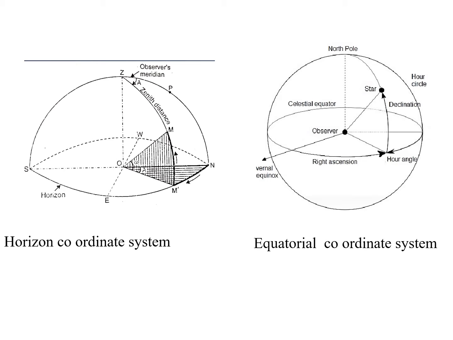Similarly, the equatorial coordinate system. Suppose we are somewhere here. This is the geographical north pole, and exactly above in the same plane is the north pole, and the star is somewhere here. Now in the equatorial coordinate system, this is your equator, this is one horizontal plane.